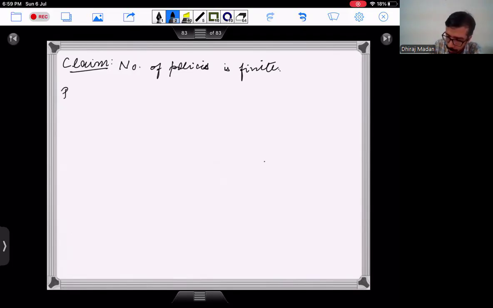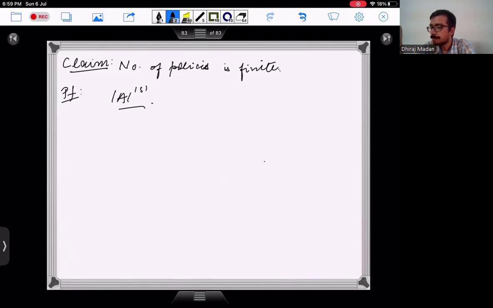If the number of states is mod S and the number of actions is mod A, then this is upper bounded combinatorially by mod A to the power mod S, because for every state you can choose mod A actions, and there are mod S such states.